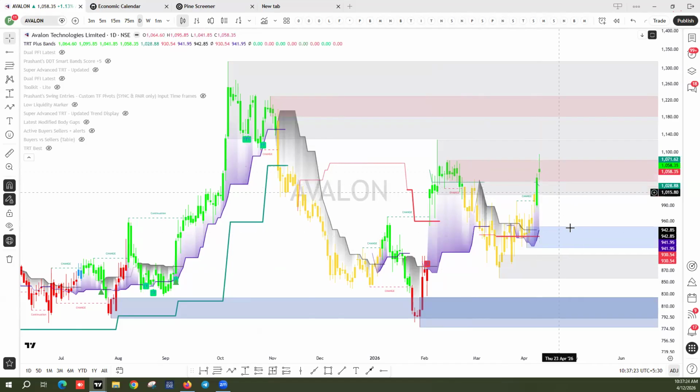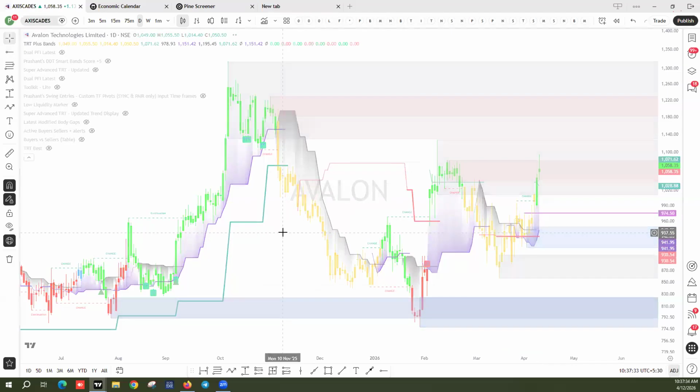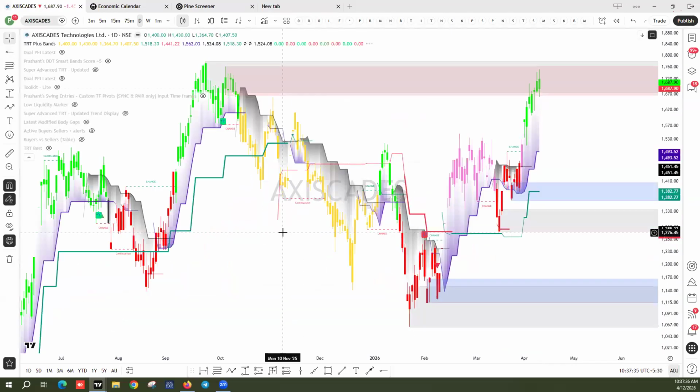Avalon has changed to green color, so I want a retracement entry in this. So I will place an alert in Avalon. This is a time where we are expecting to buy on dip, and this is the time to place retracement entry alerts.